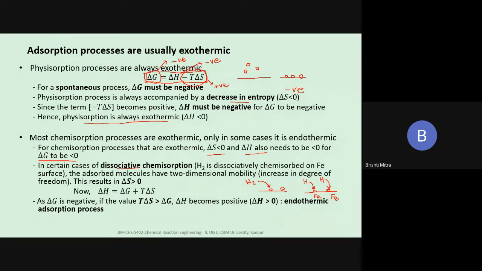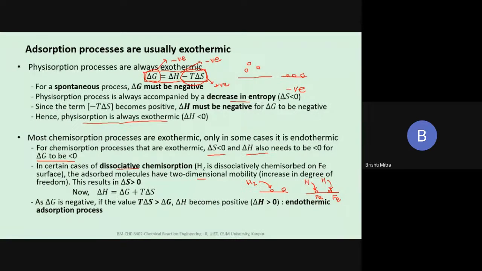And when we have dissociative molecule adsorption, the adsorbed molecules have a two-dimensional mobility. And because they are separating out and getting attached to two different iron sites, there is actually an increase in the degree of freedom.